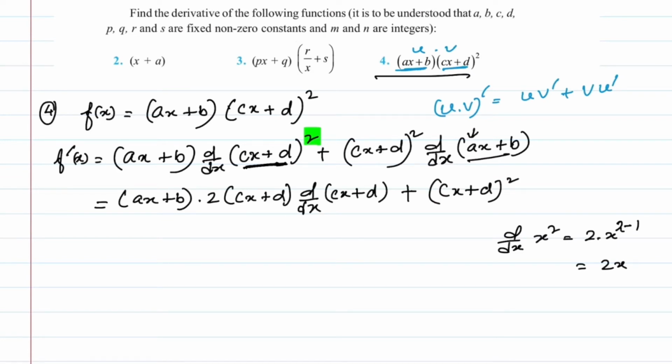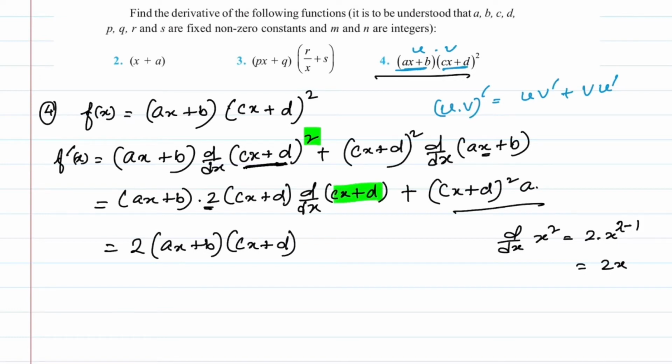Now the derivative of this, you see a is constant, the derivative of x is 1, a into 1 is a, and b is constant, the derivative of b must be 0. So here is the derivative of this term. Now let me write the 2 here, twice (ax plus b) into (cx plus d), then the derivative of cx plus d.